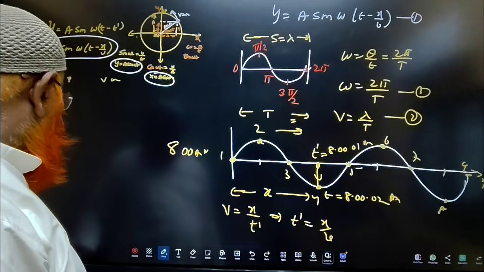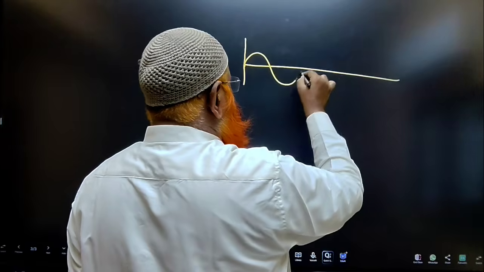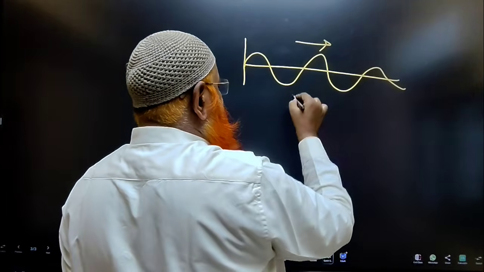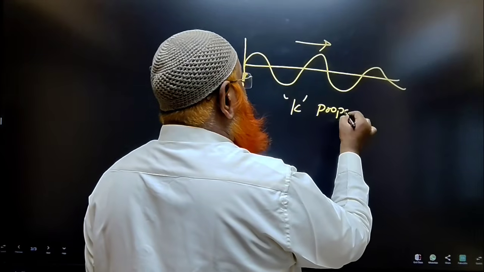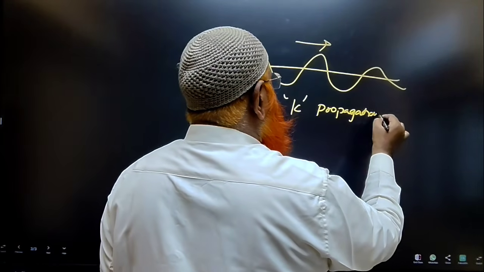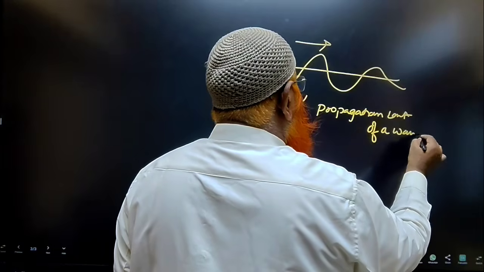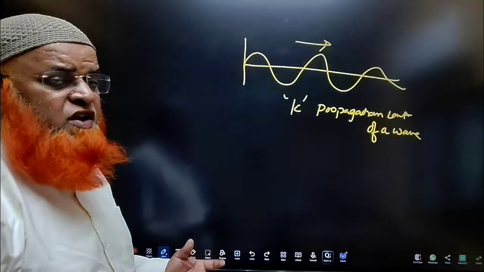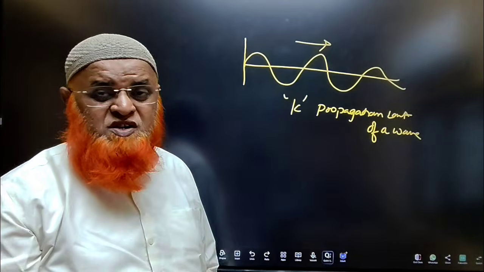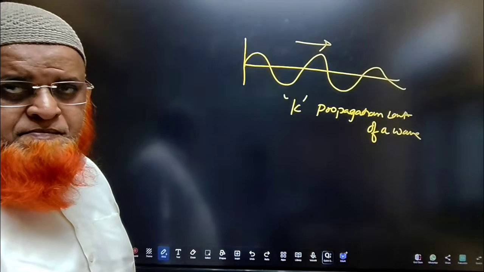The next topic you have to understand here is that for every wave you consider, there is one constant called k, which is called the propagation constant of a wave. This is very important. What is this k actually?